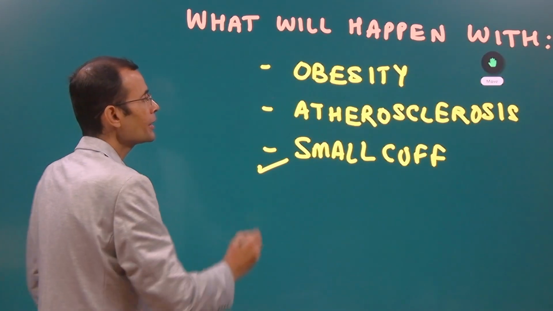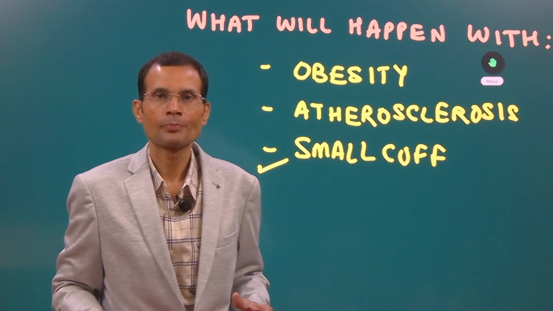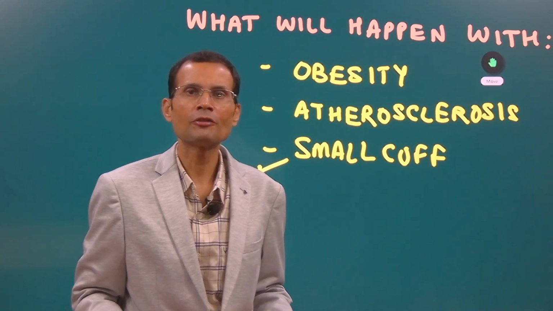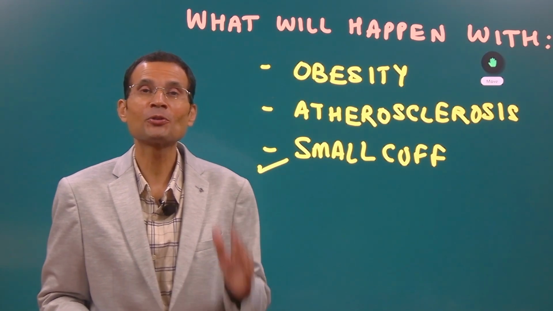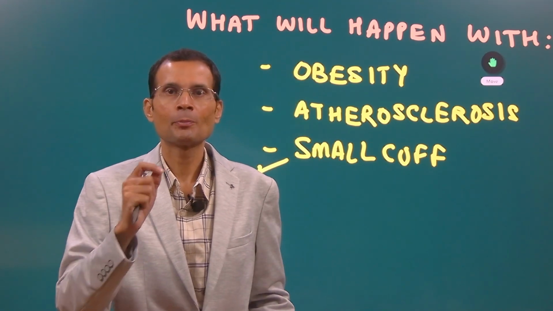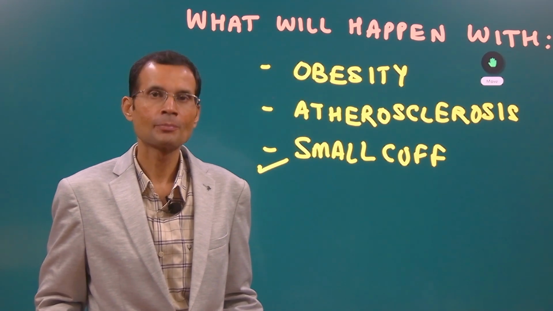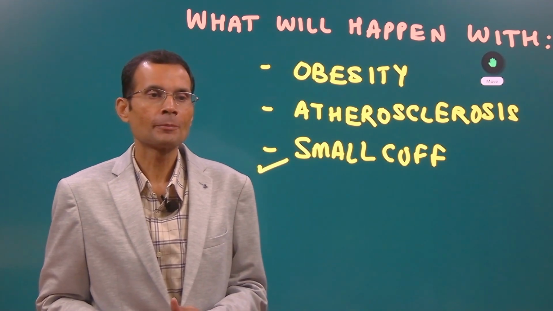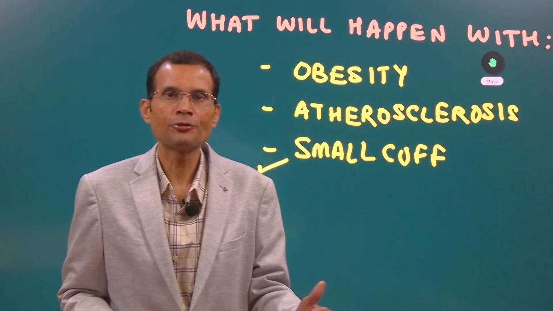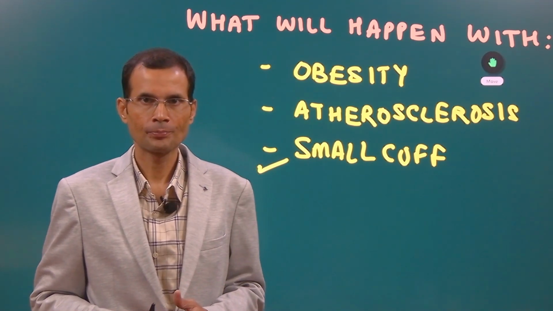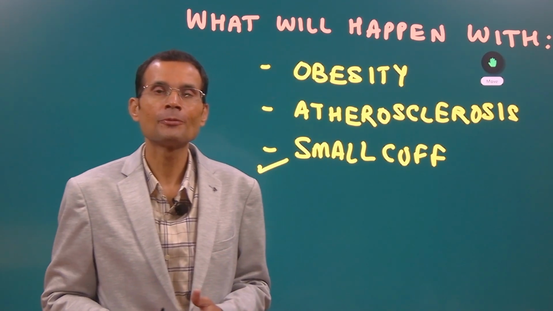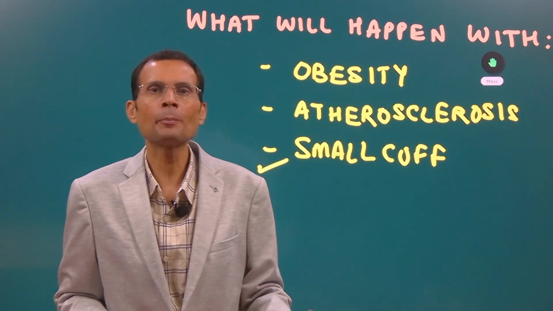Finally, what will happen if we are using small cuff? Let's say we are using pediatric cuff or smaller cuff. What will be the error? Now this time it is going to be an error by sphygmomanometry. Yes, error meaning, look, small cuff tends to occlude the artery incompletely. Because it's a smaller sized cuff, it occludes the artery incompletely.